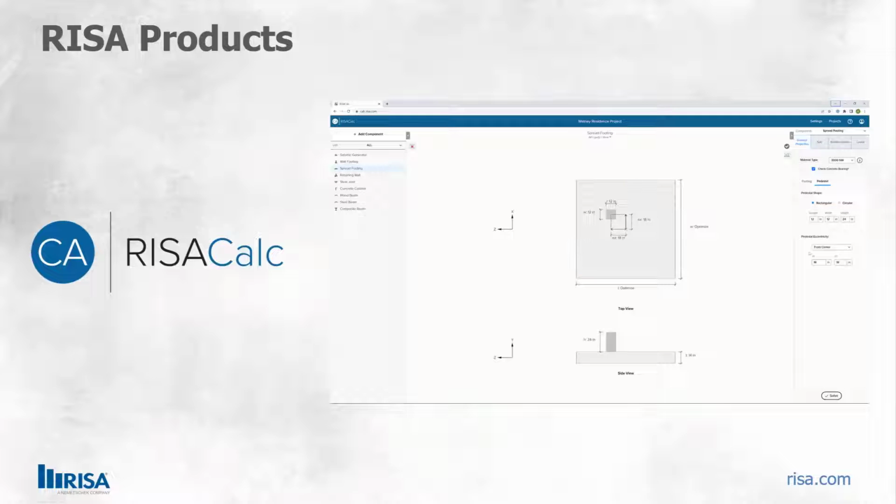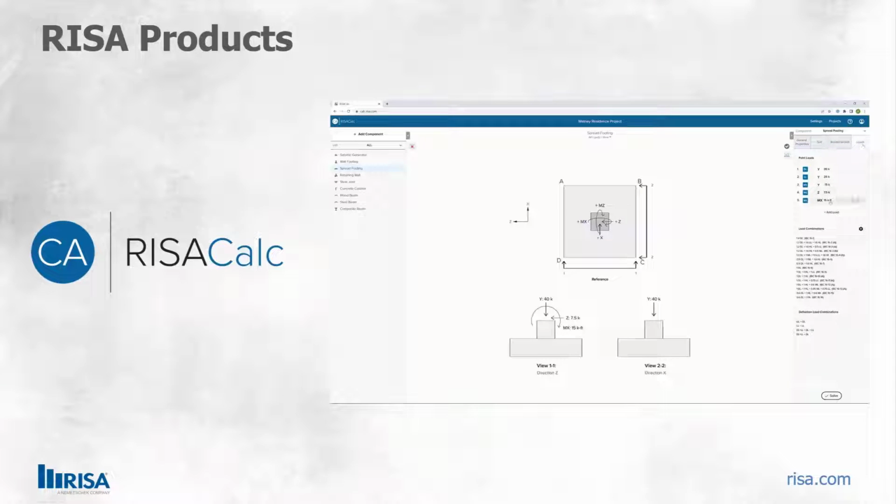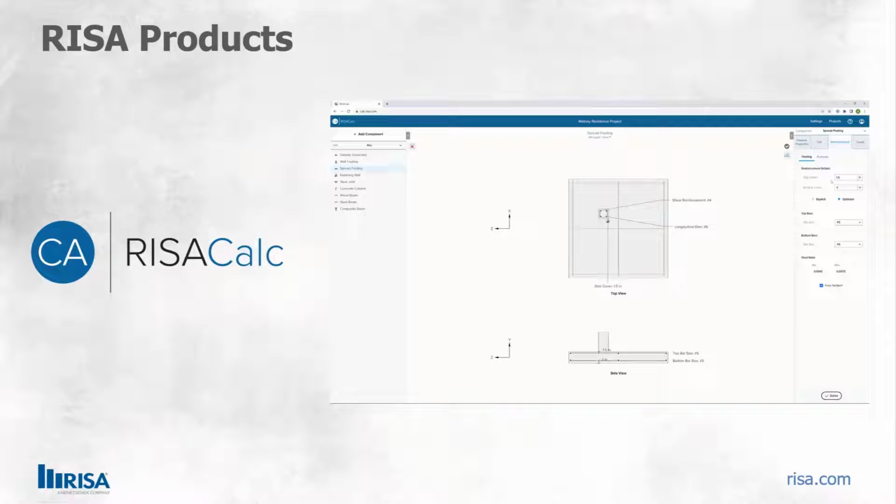And just like in our RISA-4 or RISA-3D, you can look at the detail reports for those as well. So you can have those very detailed reports with the calculations that it's using for each of those components. The web-based nature is very different from our other software. It makes it easier for you to interact with your colleagues, and all they need is a web browser to log in and look at your multiple connections or multiple components under that.